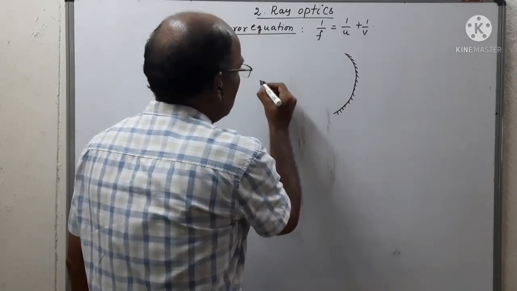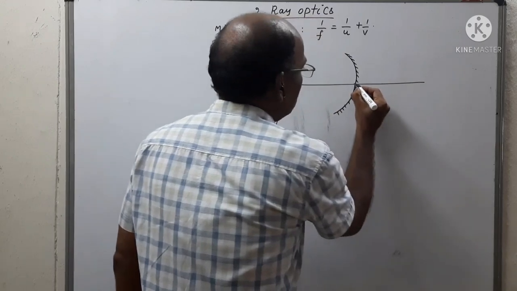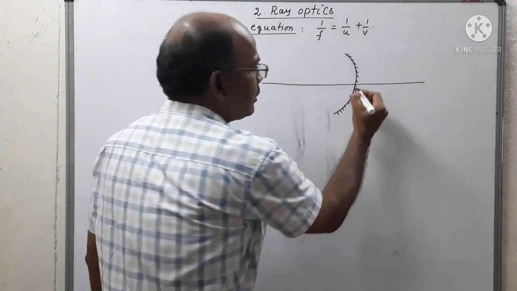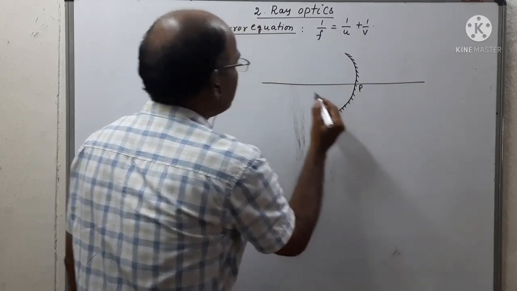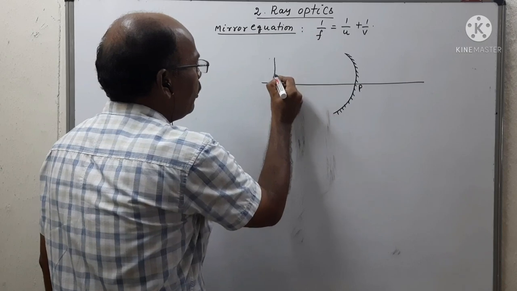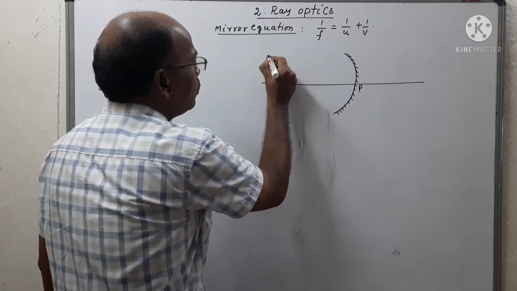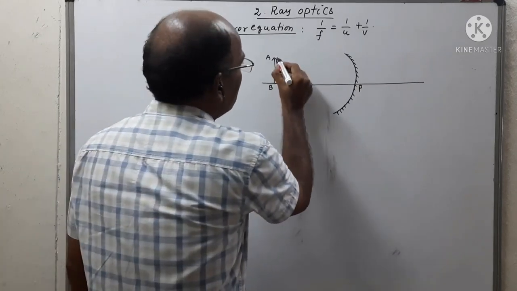So this is a concave mirror. This is the principal axis. This is called the pole. We consider an extended object. So AB is an extended object.